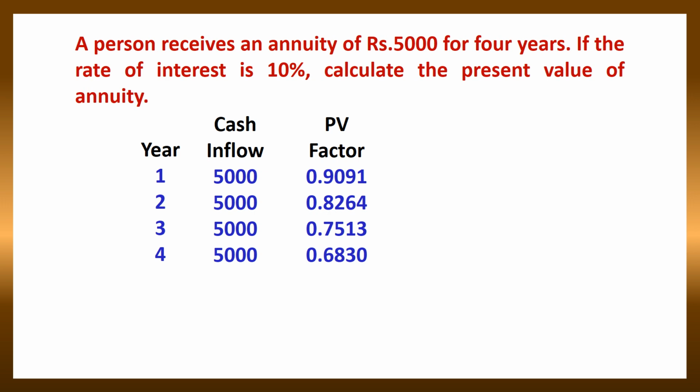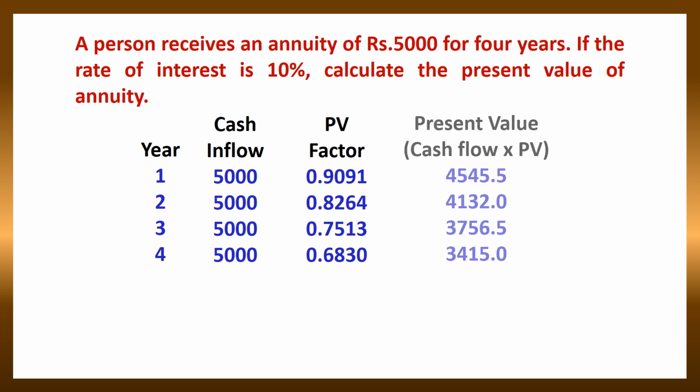So based on this factor, we are going to find what is the value of the 5,000s received for the 4 years. Thus, we have to multiply each of these cash inflows with their corresponding present value factor to get the actual present value.